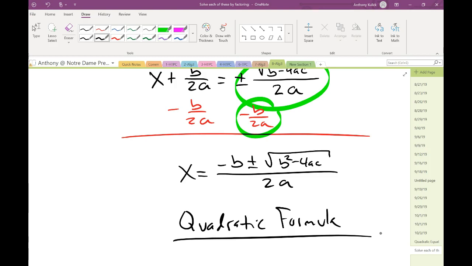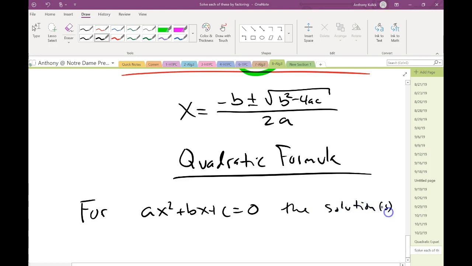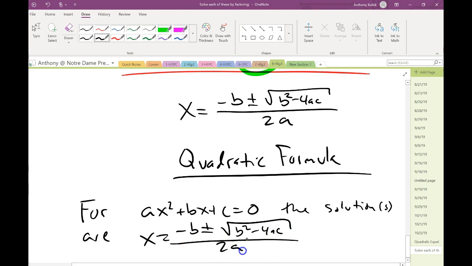That's nice. Okay, so what this says is that for any polynomial, ax squared plus bx plus c equal to 0, the solution is x equals negative b plus or minus square root b squared minus 4ac all over 2a.